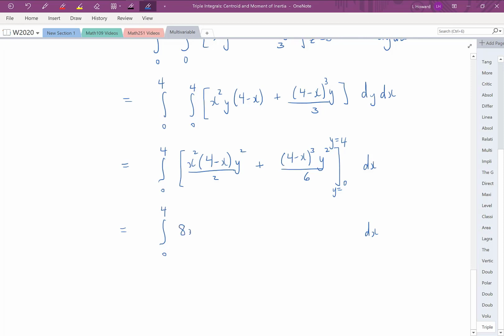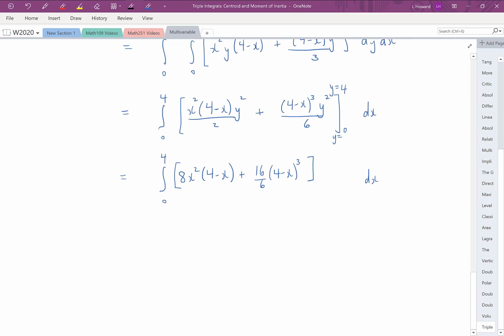So we're going to have 8x squared times 4 minus x, plus, for the second term, y squared is now going to be 16. So I'll say 16 over 6 times (4 minus x) all cubed. And then subtracting off the values at y equals 0, both those terms are going to be 0. So that's nice. So we just get those two terms there.